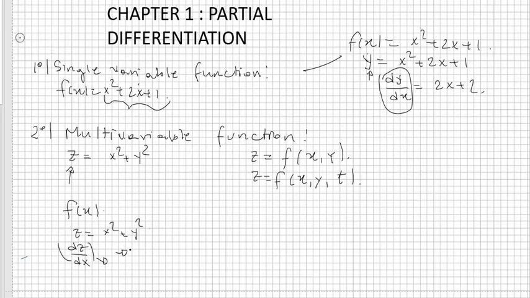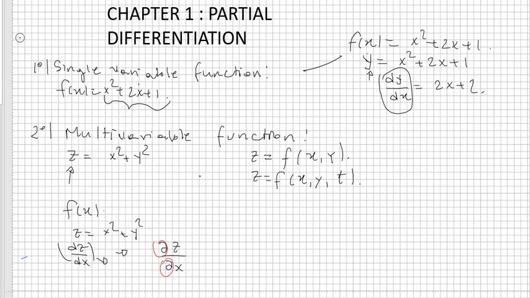The correct notation is this. We are deriving the function with respect to x, for instance. If you see this symbol here, it just tells us that the derivation is being applied to a multivariable function.